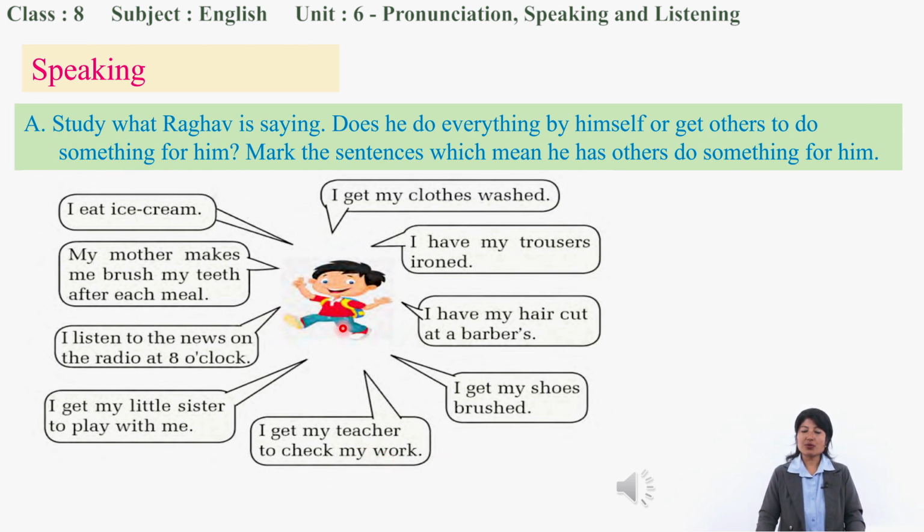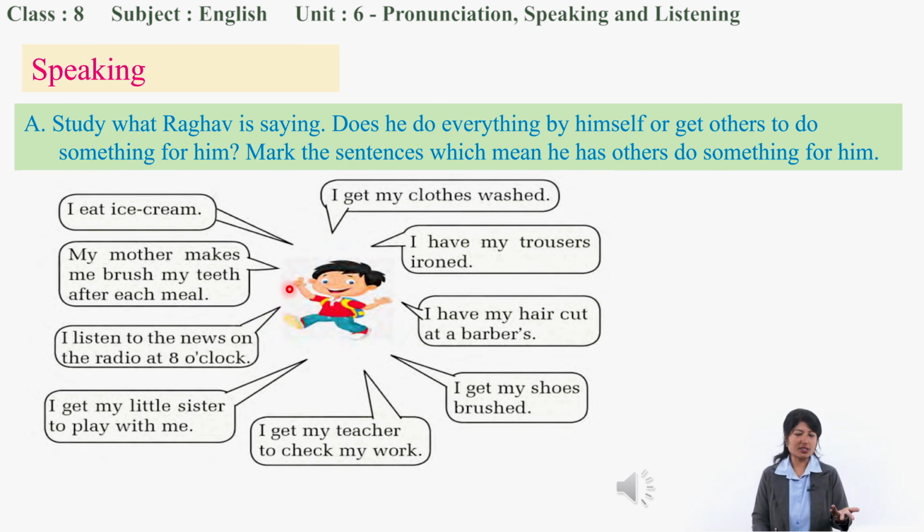Okay, so Raghav says, I eat ice cream, right? So does he eat ice cream himself or does he get somebody else to eat ice cream? He eats ice cream himself, isn't it? Next, my mother makes me brush my teeth after each meal. So his mother makes him brush.